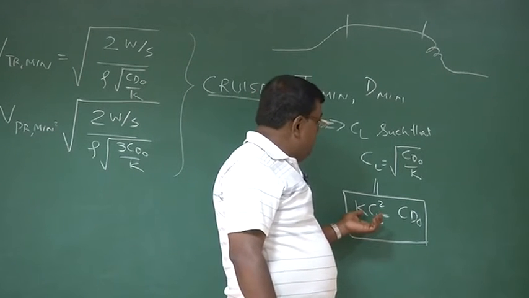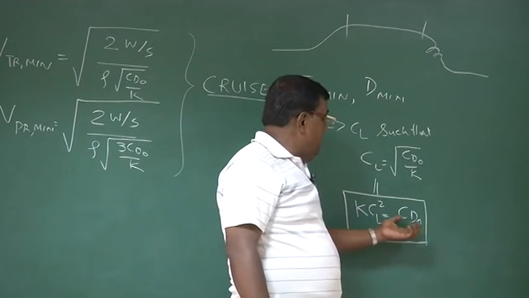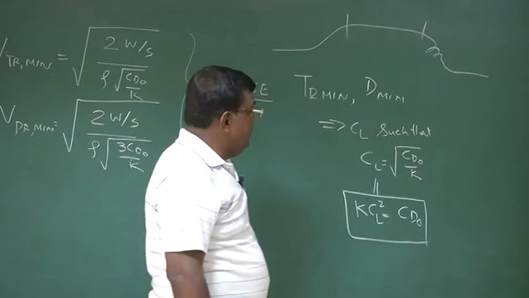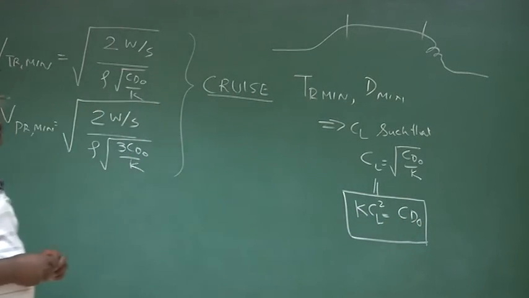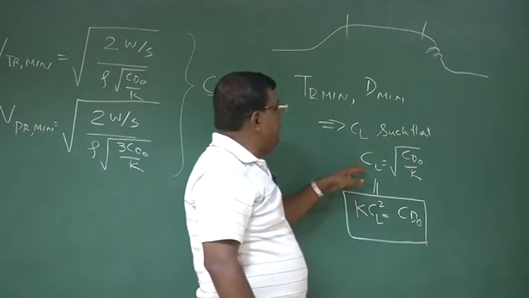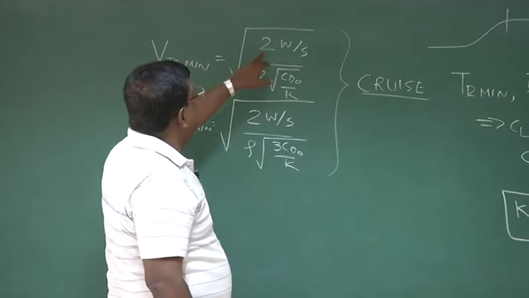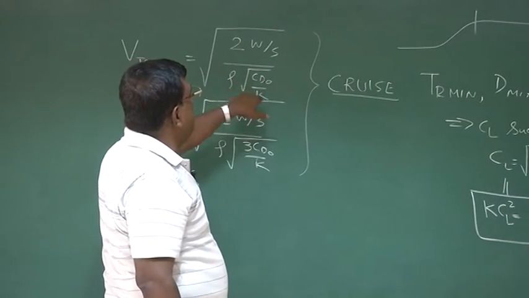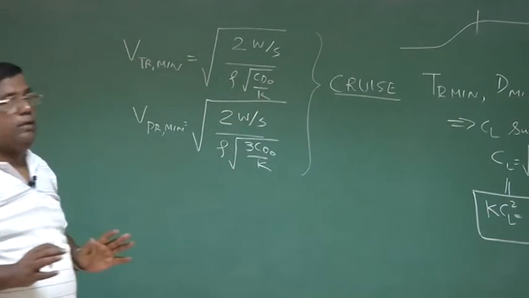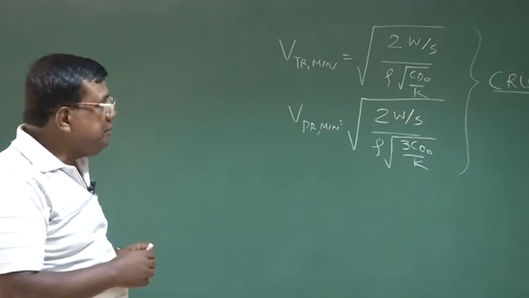And at a speed when this induced drag component and the parasite drag component, in terms of coefficients, are the same, only at that point am I flying at a CL equal to CD naught by K, which also means I am flying at a velocity under root of 2W by S rho, CD naught by K. I will be getting thrust required minimum, right?